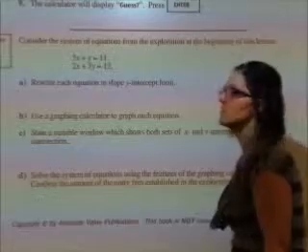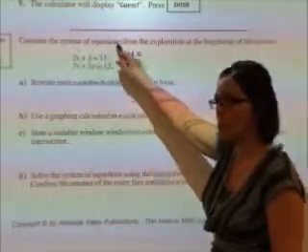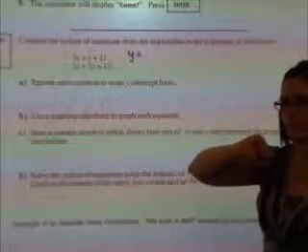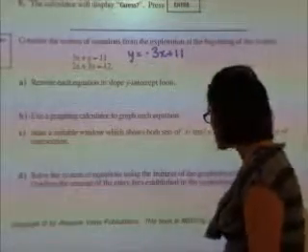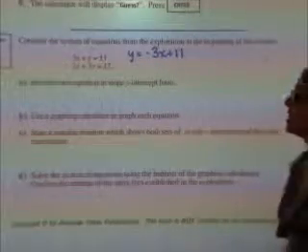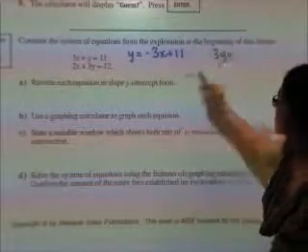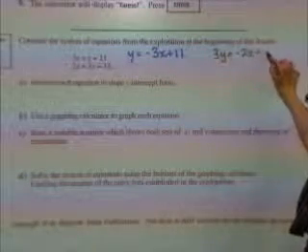So if I take my 3x plus y equals 11, and I write it as a y equals equation, when I move the 3x over, it will become negative 3x. So there's my first equation. With my second equation, I move the 2x over, which makes it negative.